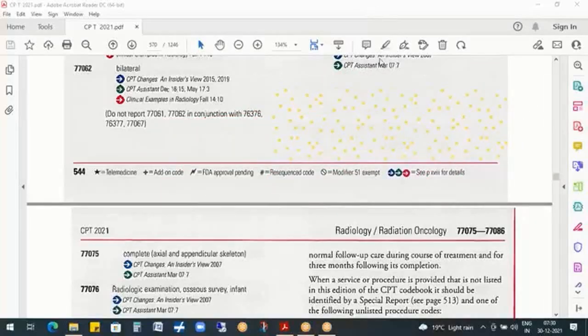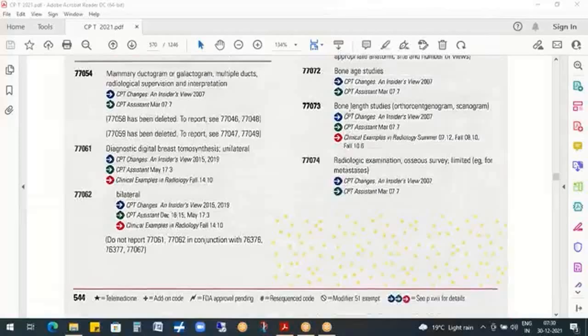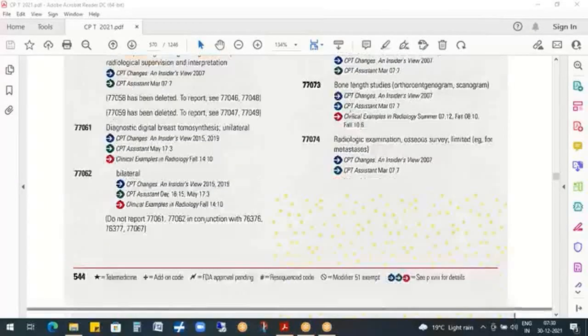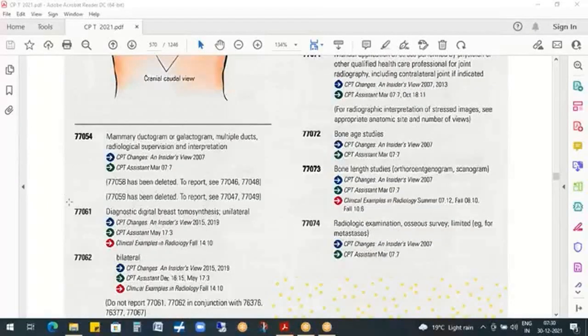If you understand the key terms, radiology is very easy for you. Can you see the code 77061? The key term tomosynthesis is there. The technique name they may document, that's what I am saying.